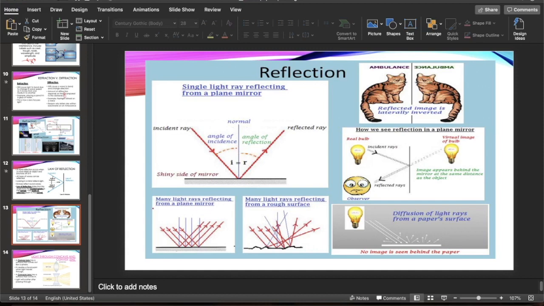So many light rays reflecting on a mirror are all doing the same thing. Many light rays reflecting from a rough surface is going to be a little bit different, but this law is still going to remain the same, where the angle of the object to the normal line is going to be the same as the angle of the reflected ray to the normal. The reflected image is laterally inverted, and you guys have seen this before.